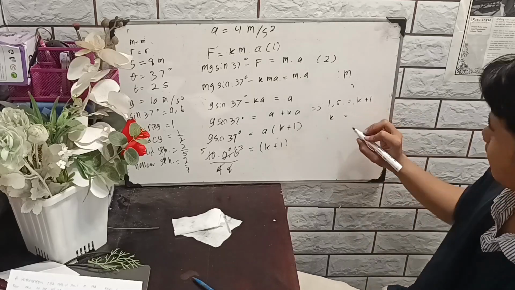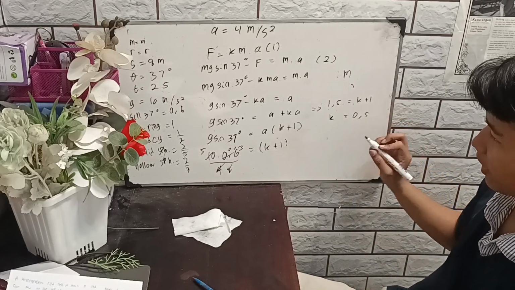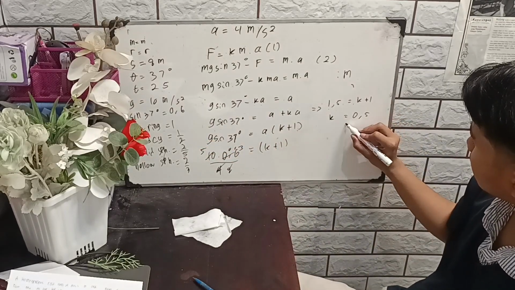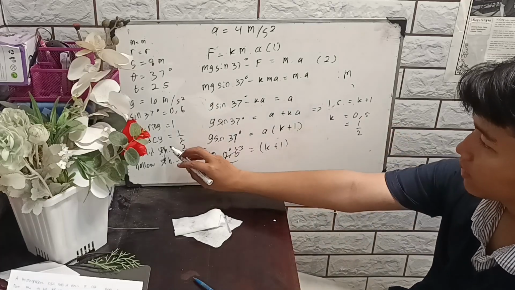So k is equal to 0.5, and 0.5, or a half, is the solid cylinder.